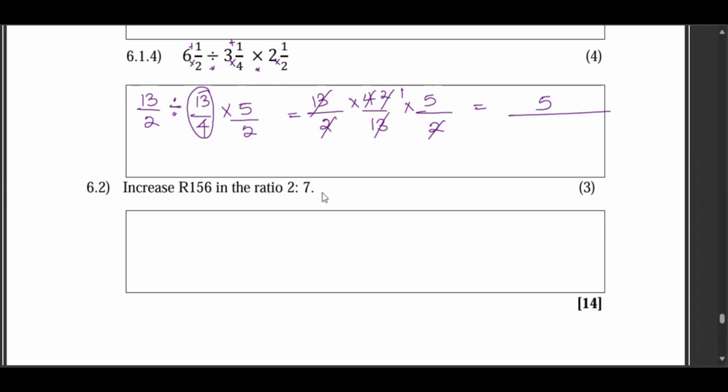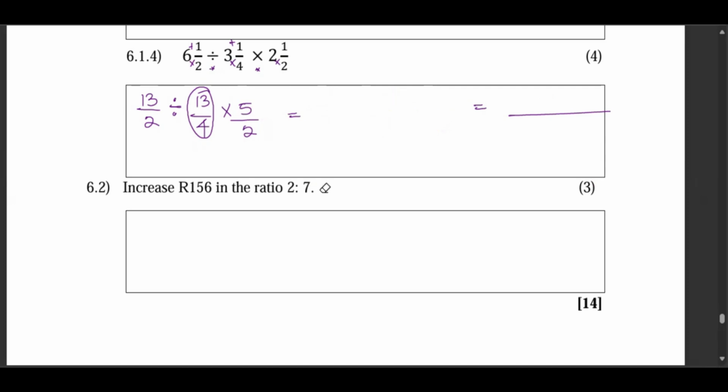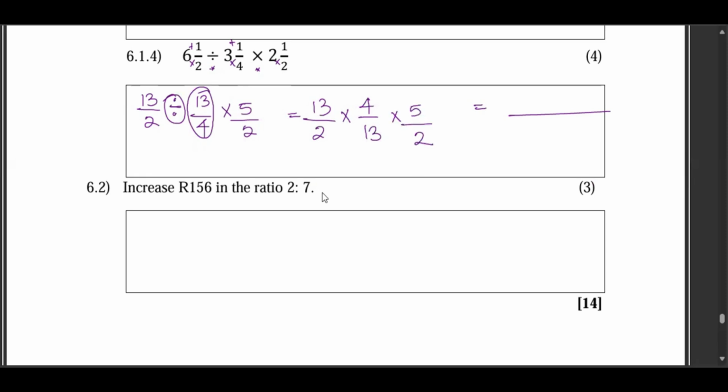Or if you don't want to do it that way, you can do it this way. And you'll use a calculator to confirm your answer at the end. So this one we said it's 13 over 2 times. Why am I multiplying? Because the division sign has changed. Then the 4 will go up, the 13 will remain down, times 5 over 2.